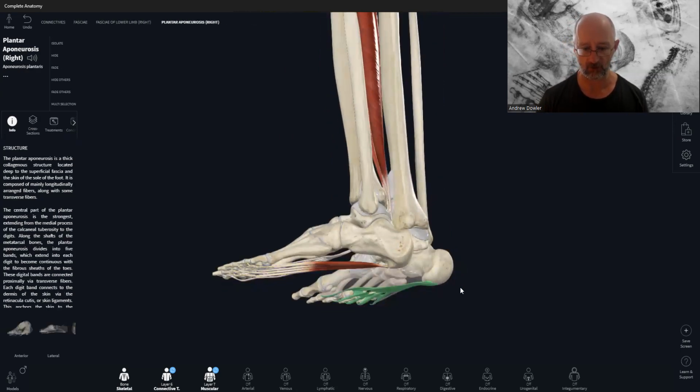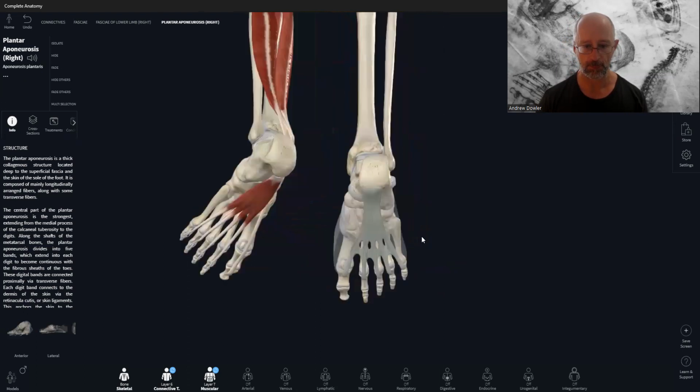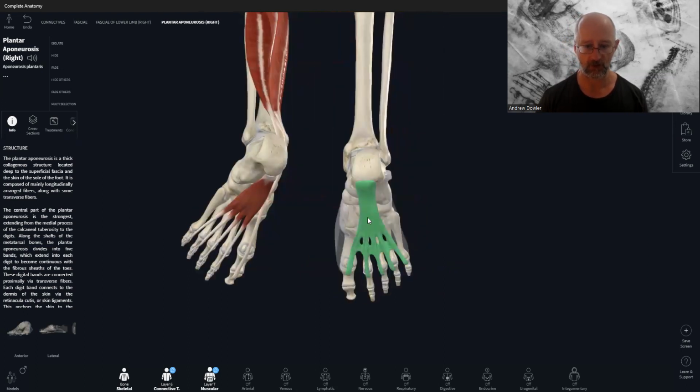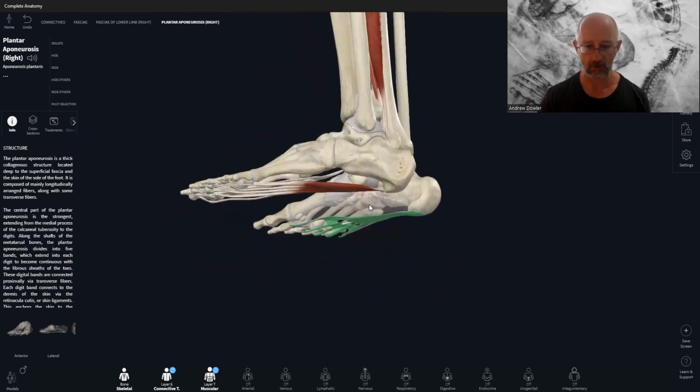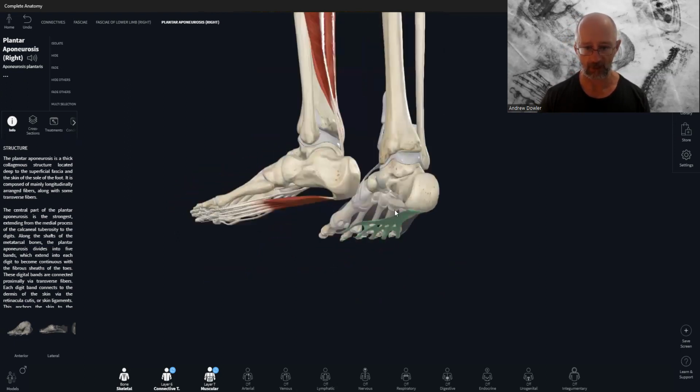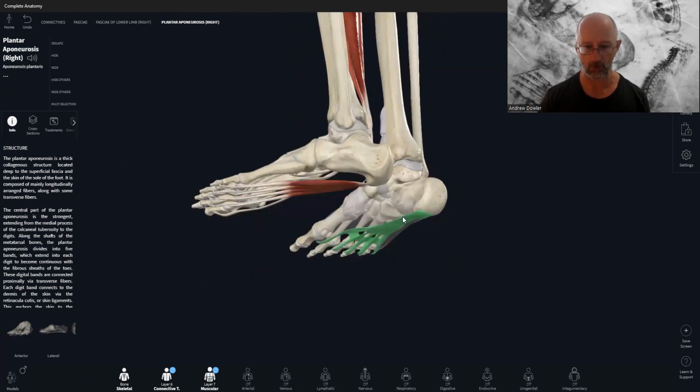So the plantar fascia here is a big, strong connective tissue. It's like the ITB band of your foot, and it's going to go into all your toes. Very, very strong. And there are other layers of fascia here as well, and then other muscles, but this is the primary one.